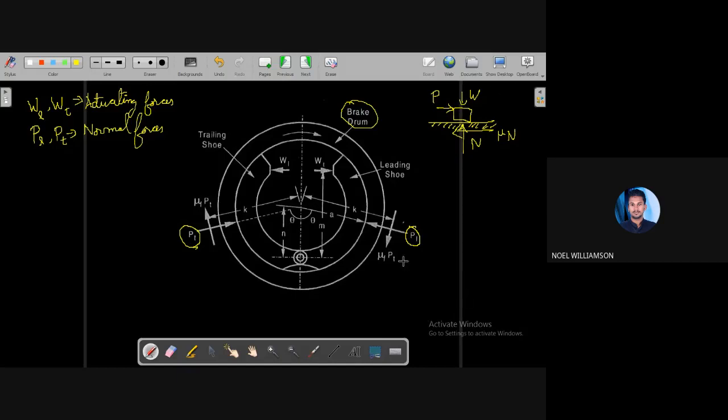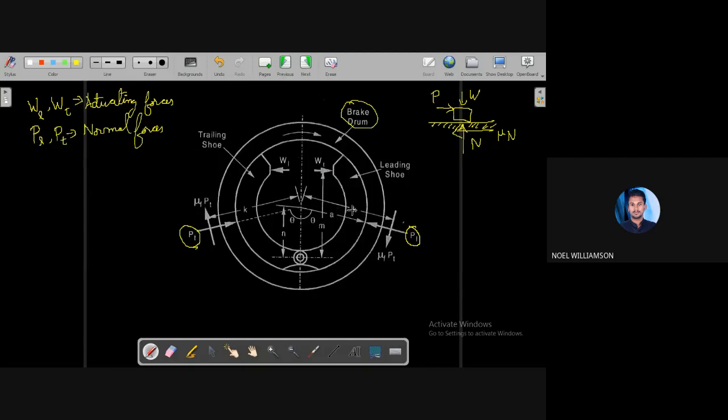As such, here instead of N we are giving PL for the leading and PT for the trailing shoe. So PL and PT are the normal forces.